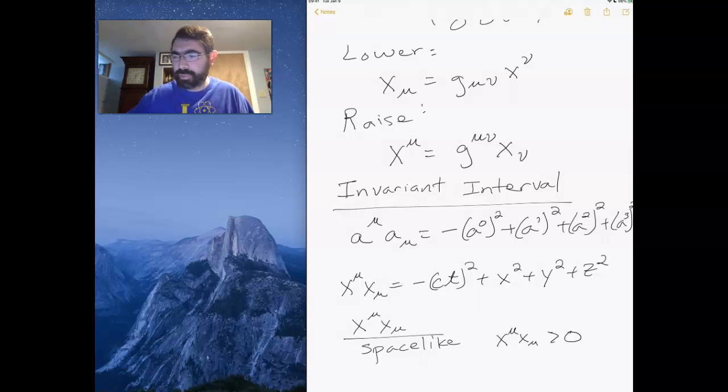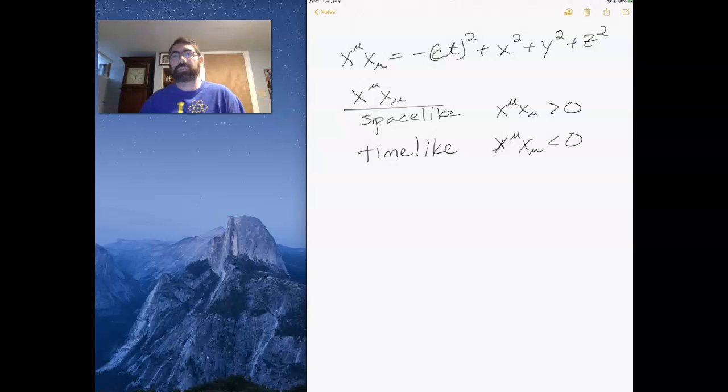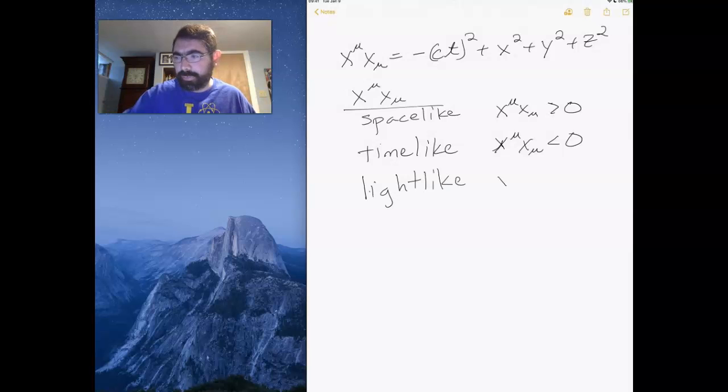It is time-like if x mu times x mu is less than 0. So therefore the negative part of that statement above dominates, and it's light-like if it's equal to 0. Okay, so the math seems pretty straightforward. Your interval is either positive, negative, or 0. But what does that mean physically?